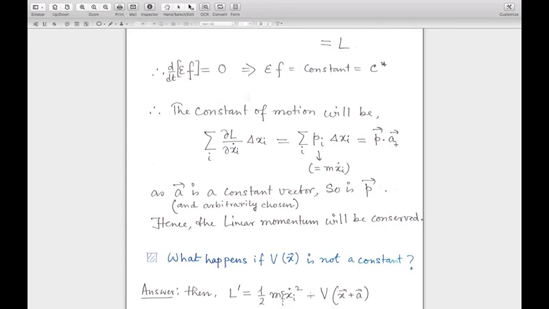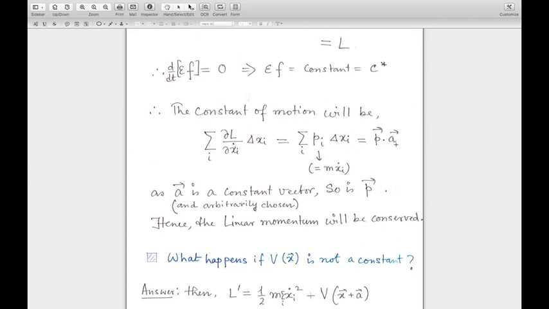That is one possibility. Let's say a vector is equal to a x i plus 0 j plus 0 k, then you can easily show that p_x is constant, and in the same way you can show p_y and p_z are constants. Another very easy way is that since a can be arbitrarily chosen, you can write a is equal to some very small parameter epsilon times p itself.